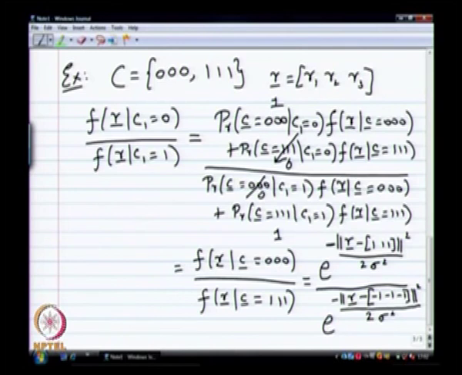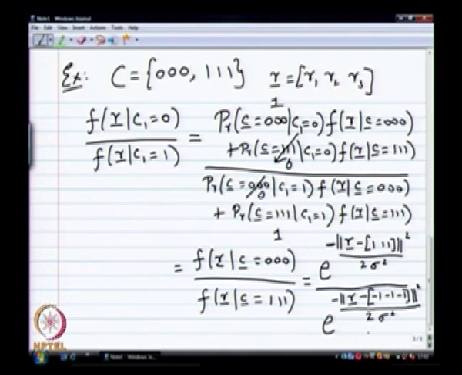Is that okay? Simple. So I have an explicit formula for my vector likelihood ratio in terms of the received vector r. Once you give me an r, I will plug it in, compute this, and see whether it is greater than 1 or not.